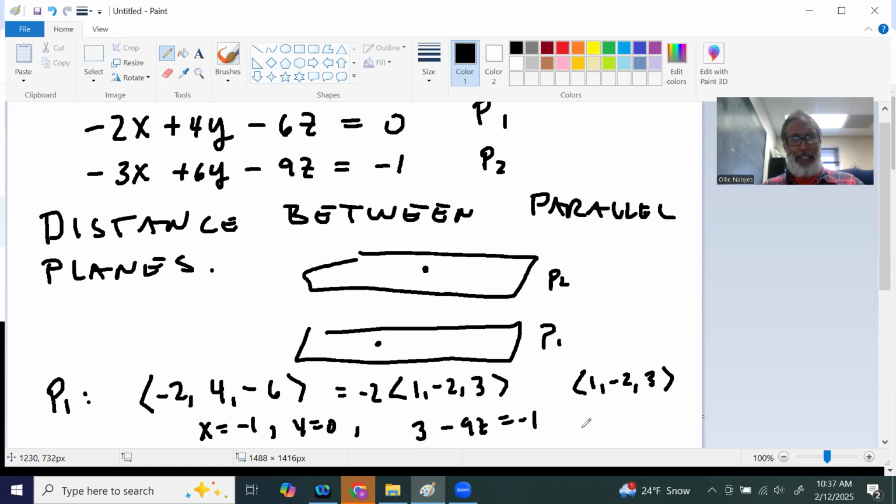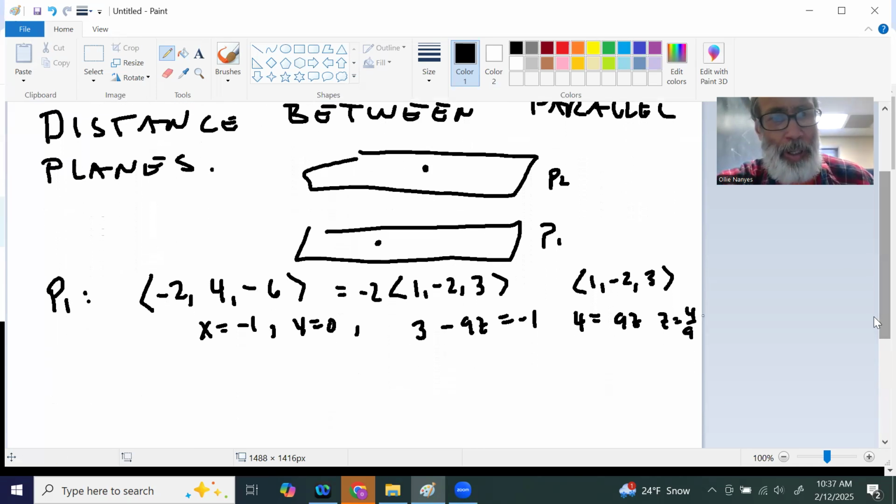So then we could add 1 to both sides. 4 is equal to 9z. So z is 4/9. That's good. So the point we have on the plane would be -1, 0, 4/9.